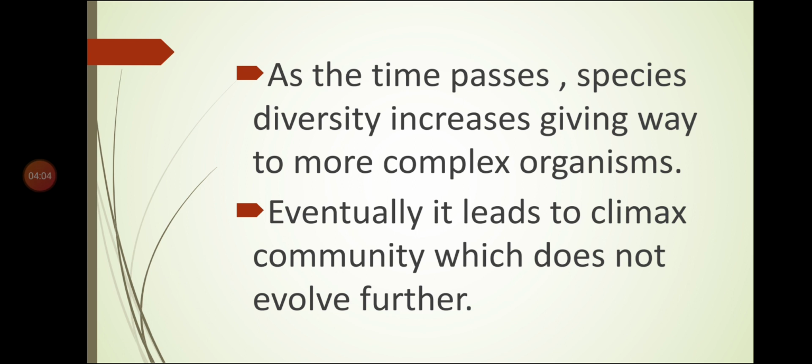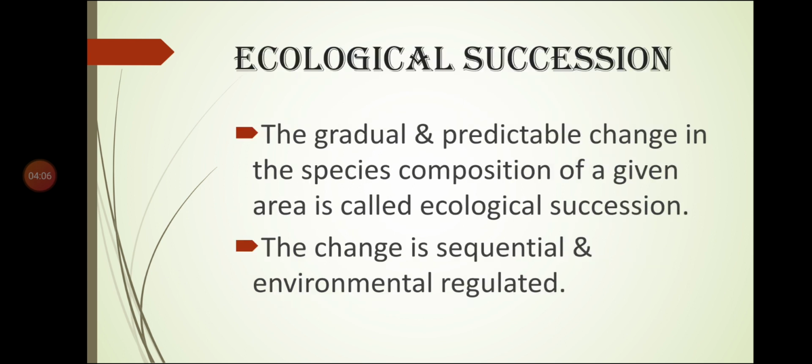Next, coming to the actual topic, ecological succession. The definition is: the gradual and predictable change in the species composition of a given area is called ecological succession.